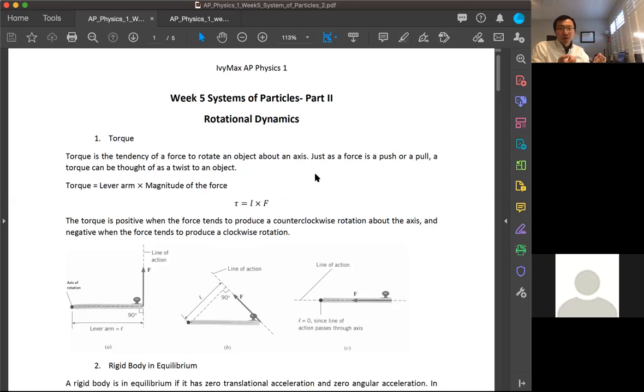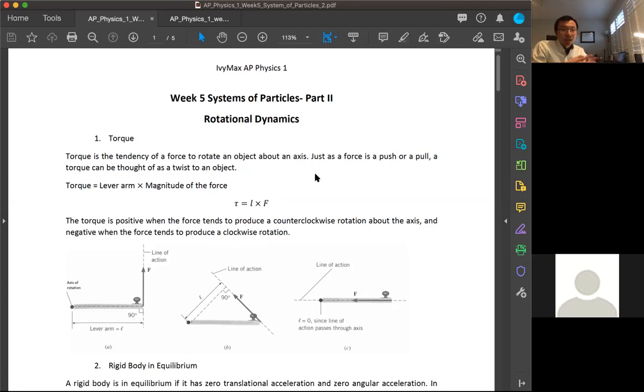If we have a torque, that can make the object rotate, right? So torque is the quantity that changes the rotational status of the system. You can picture it that way.